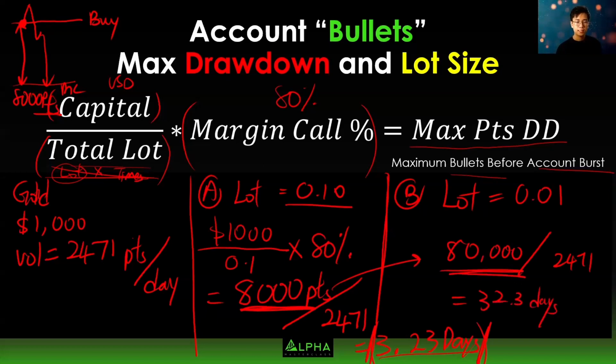Meaning that instead of 8,000 points, the gold market now has to go against you for 80,000 points. How likely is it that you will be margin call? Compared to A, which one is easier to margin call? Of course, A, right?